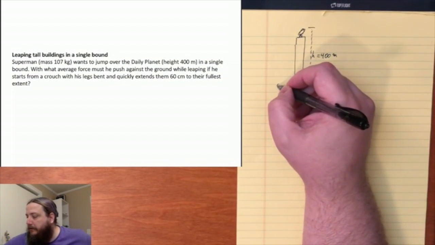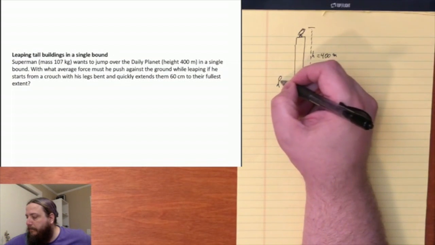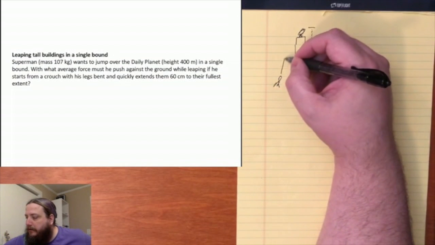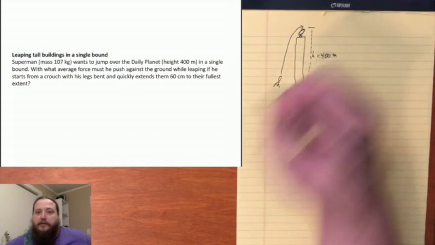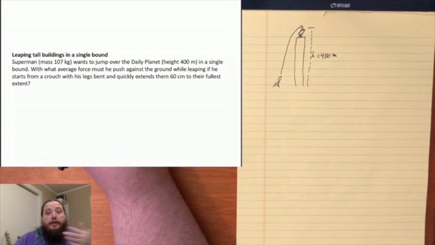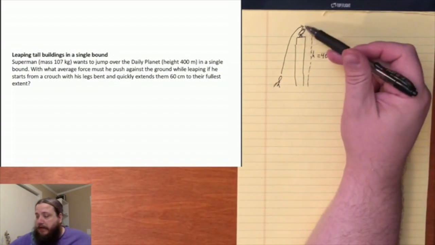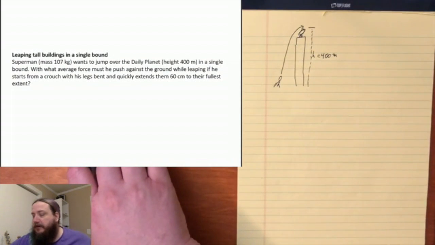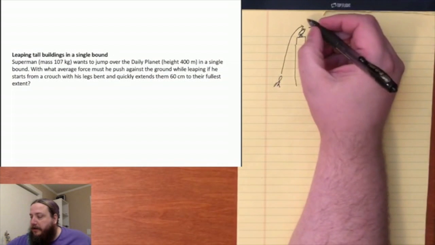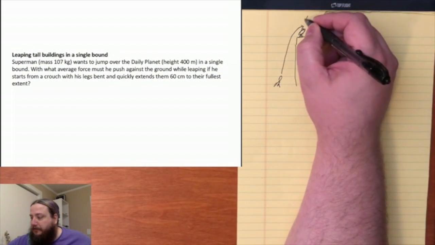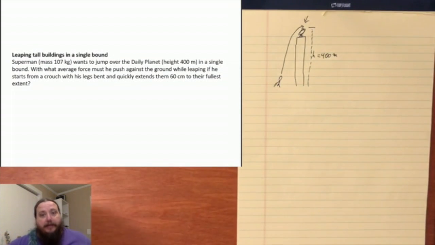And Superman wants to, there he is with his cape, leap over it in a single bound. All right. So height suggests probably some sort of gravitational potential energy is going to be an issue. Indeed, this moment here is an interesting moment. That's the moment when he clears the building.